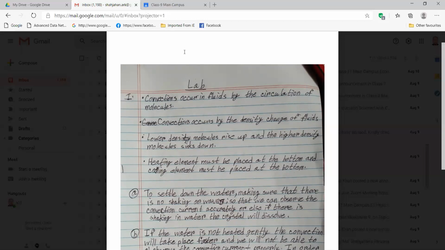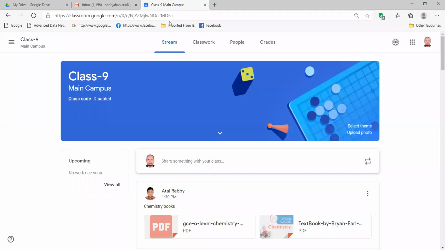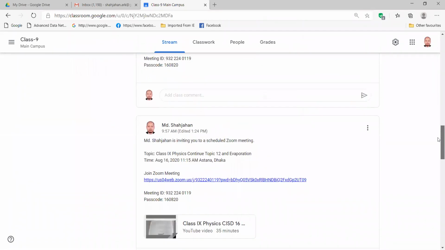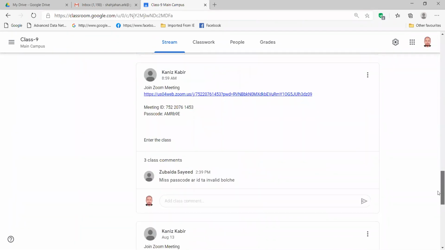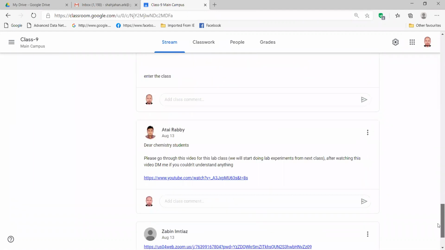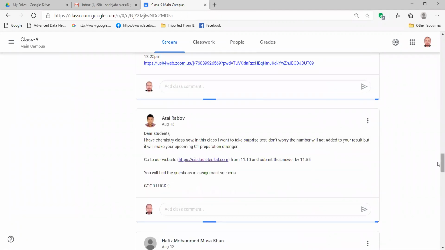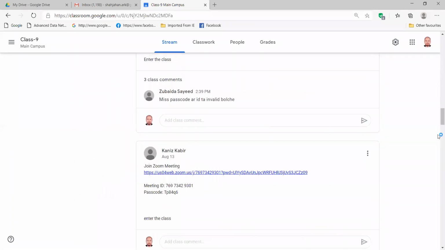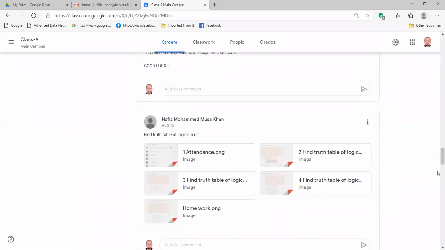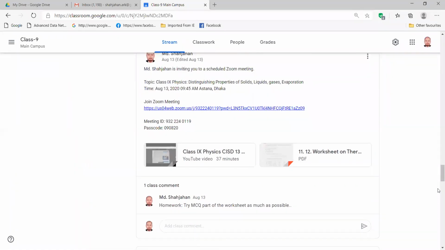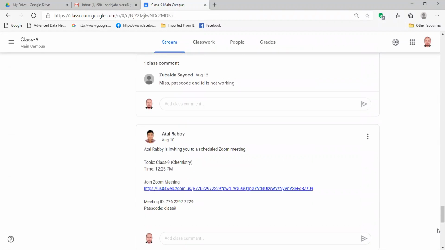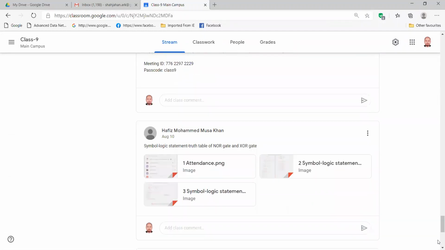So how you'll understand this one, if you go through the Google Classroom, you can see it. Now you are in Google Classroom, right? If you go to the attached file, you will find that the year, paper, variant, everything is written there.